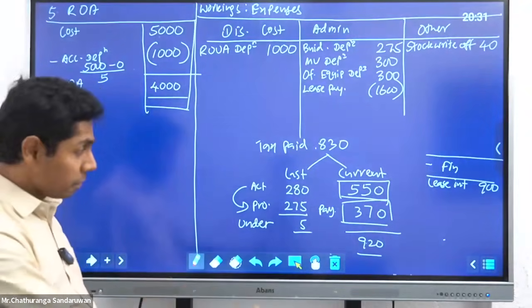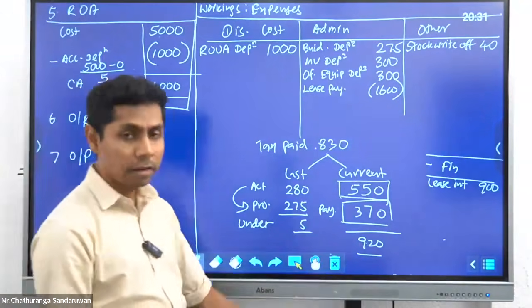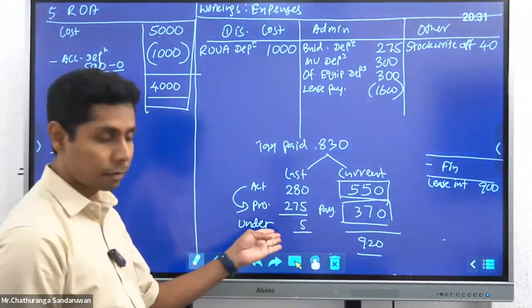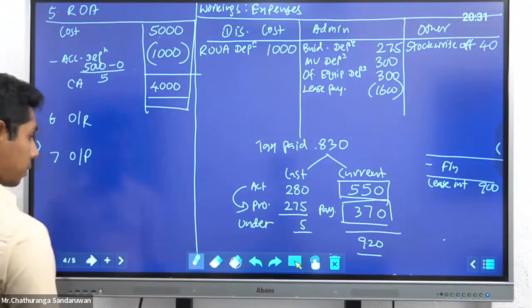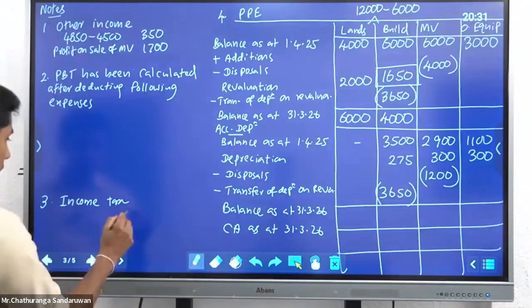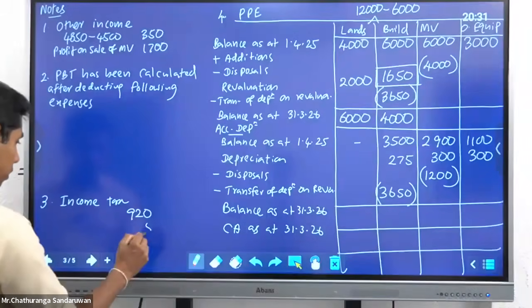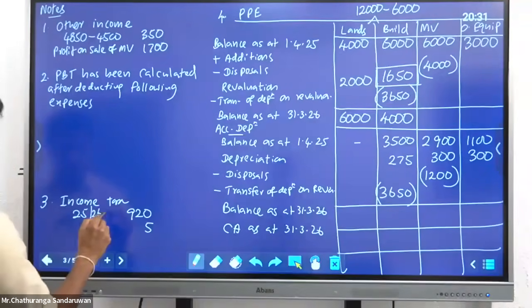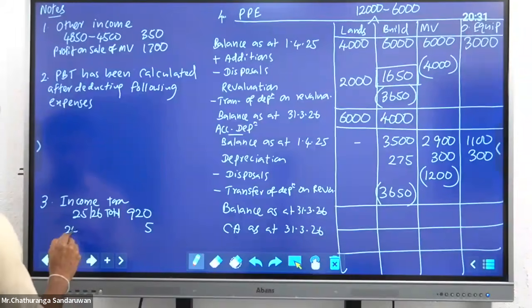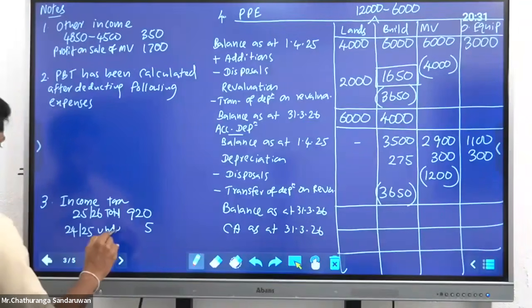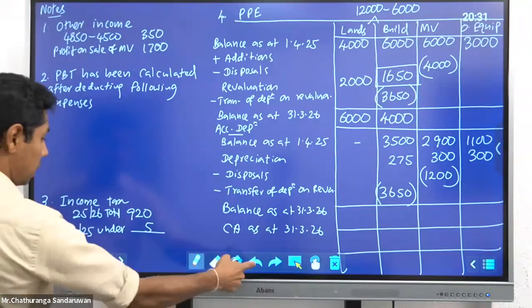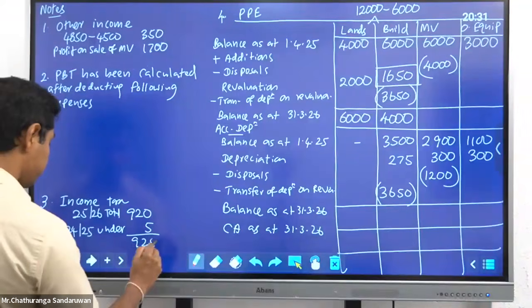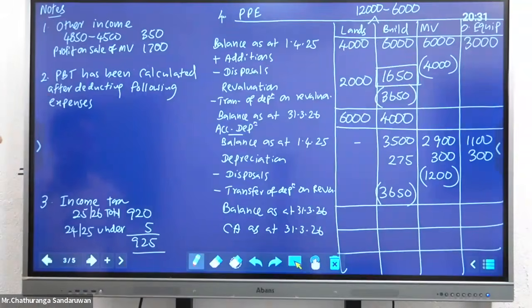Therefore, total income tax estimation for the current reporting period is 920. Previously under provision 5. So we can prepare the income tax note number 3. 925. Right? 920 is the current year total estimation for 25/26. The 24/25 under provision is 5. We have to add that to the current year total provision. Therefore, total expense is 925.